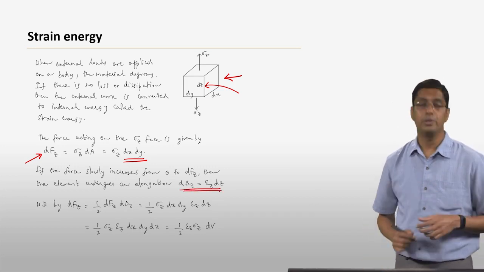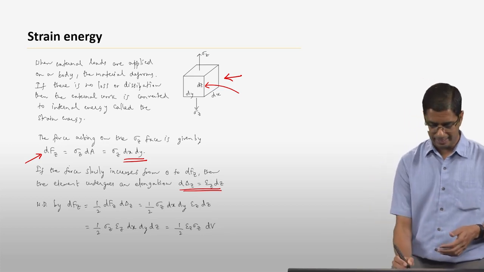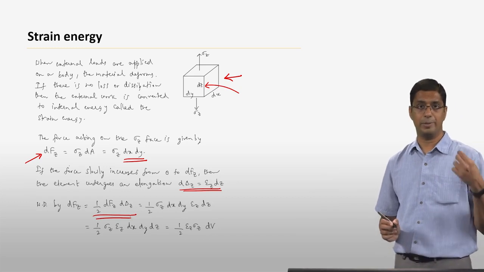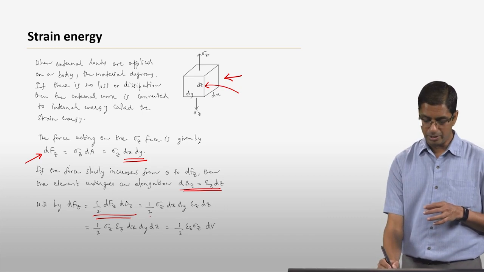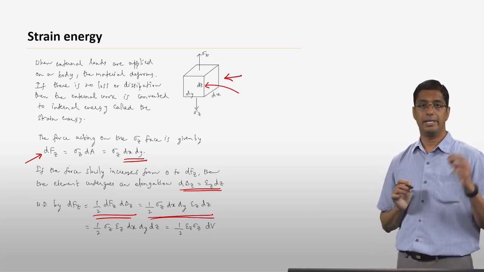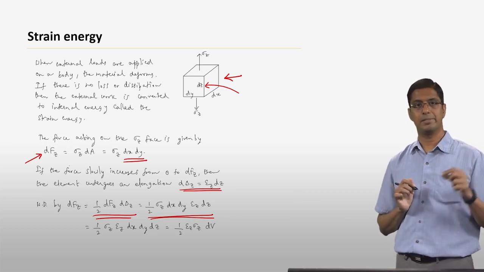Okay, so if you want to find out the work done by this dfz, we again are going to use the same formula. It is half f times delta, so it's going to be half dfz times delta z, and that turns out to be this. Okay, so it is half sigma z times dx dy times epsilon z times dz.